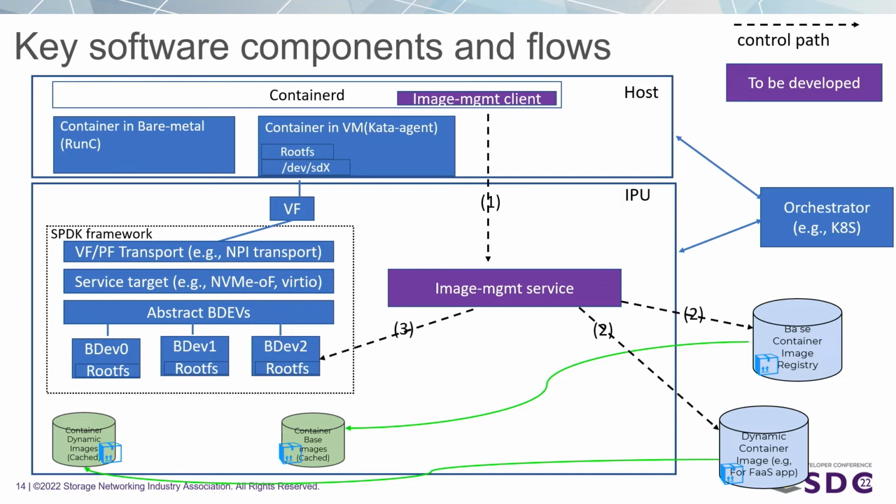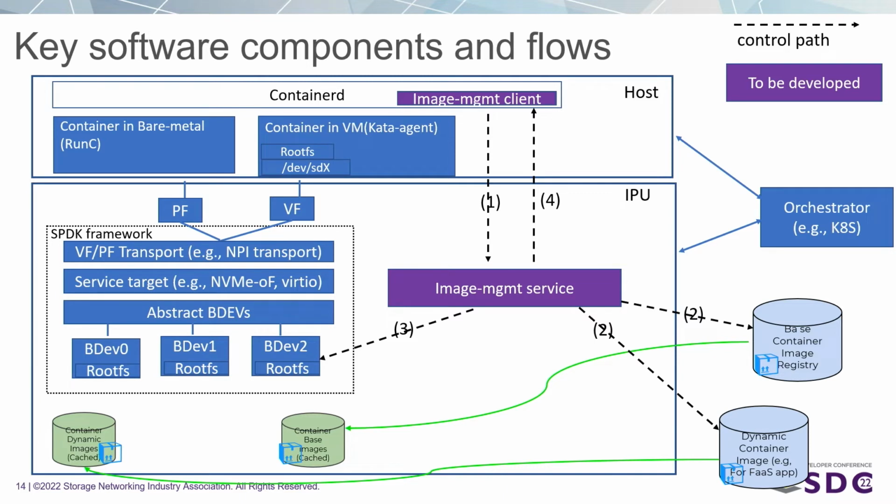But more importantly, right? Once you download the image here, you need to unpack the image and present that to host. So in this solution, it uses block device interface to present that image, right? So this step 3 involves the basic unpack operation. So you basically need to decompose the image and get this root file system ready, and then just use a BDEV to expose that whole thing, right, to host.